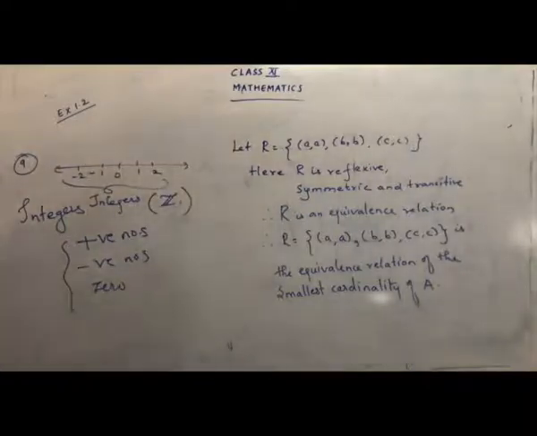So we have to follow the rules that we follow for reflexive, symmetric, and transitive, and we are going to show the particular relation is an equivalence relation. This type of question is an important question, and it may be asked for 3 marks. So just understand the question carefully.